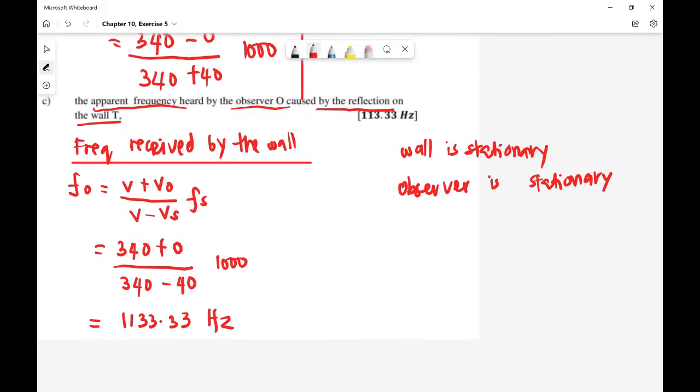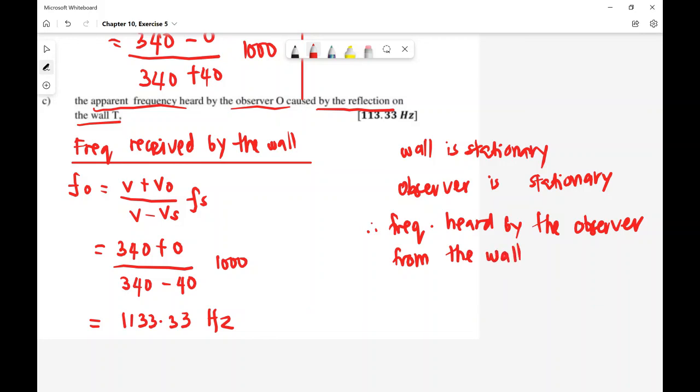So observer akan dengar frekuensi yang sama yang diterima, yang reflect by the wall. Wall juga receive sound and then they reflect.